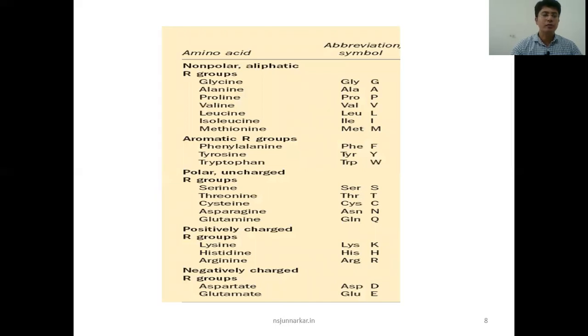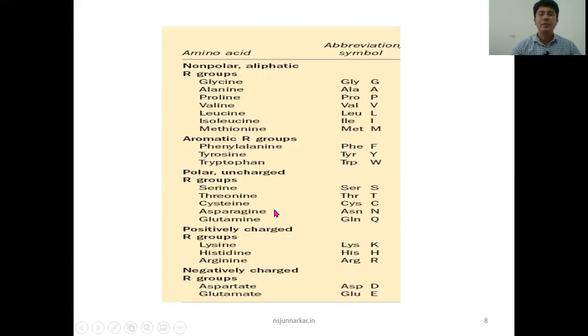The table is shown which indicates the different groups of amino acids. The grouping is done on the basis of the type of functional side chains that are present in the structure of the amino acid. So likewise, the amino acids can be classified into those which have nonpolar aliphatic side chains, those which have aromatic side chains, those which have uncharged R groups, those which have positively charged side chains, and those which have negatively charged side chains.